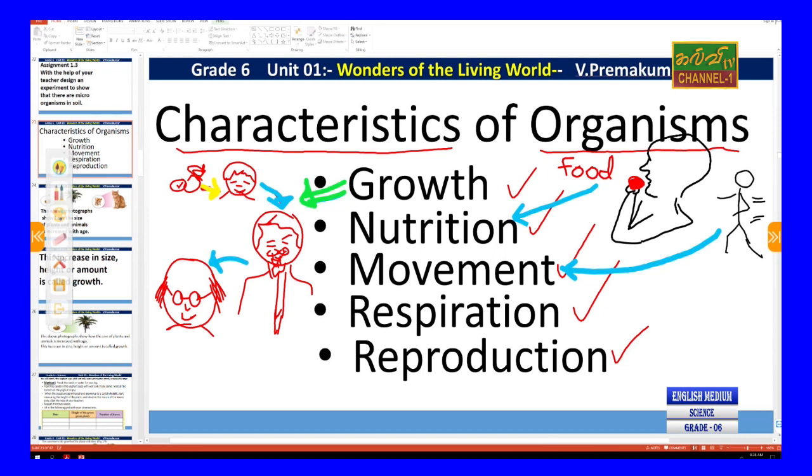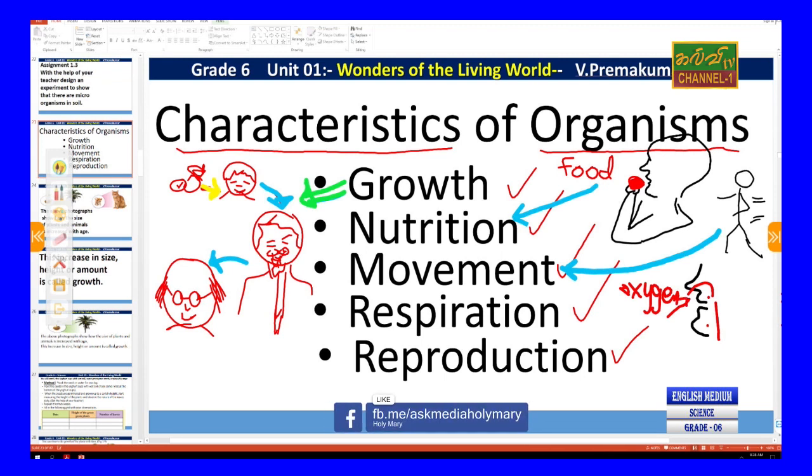Respiration. Not only humans, every organism shows these features. They have to breathe. Respiration means breathing. So what happens here? Oxygen gas goes inside, then he breathes.